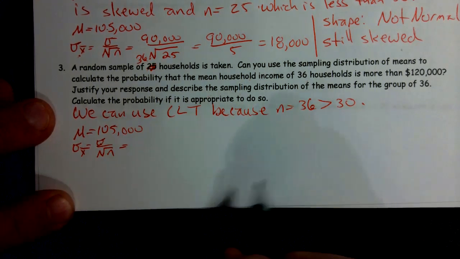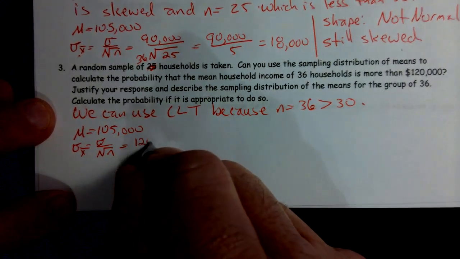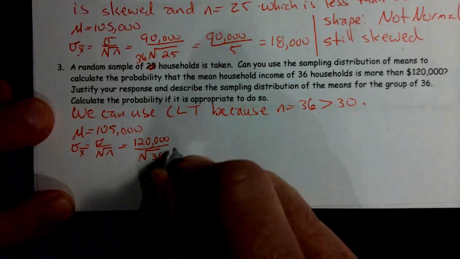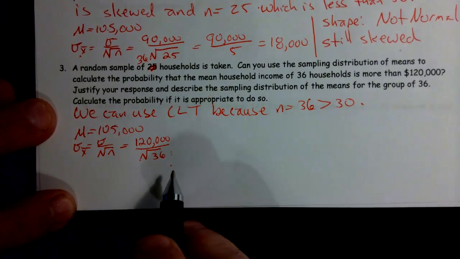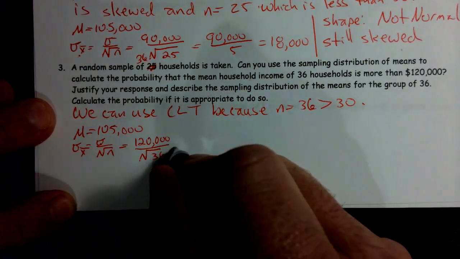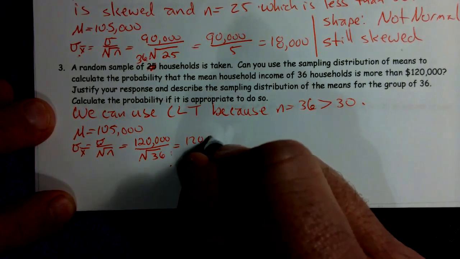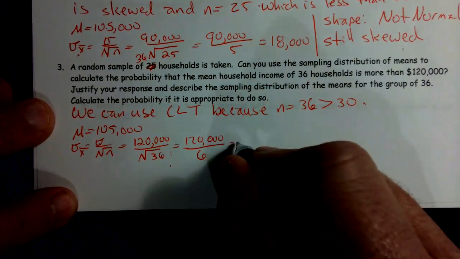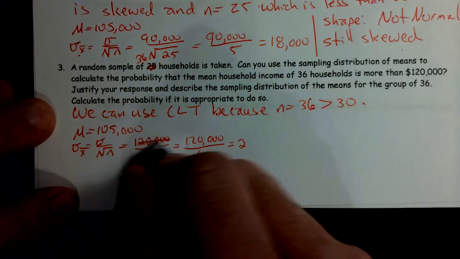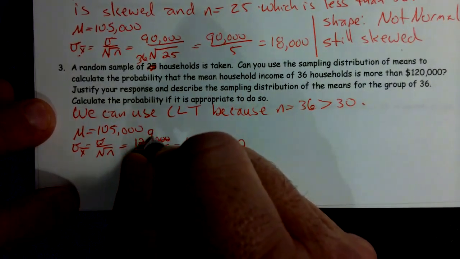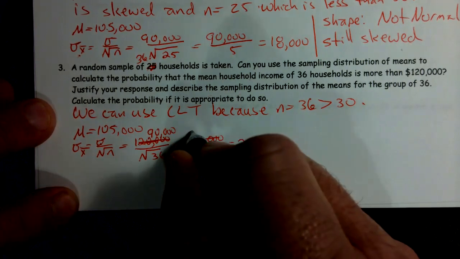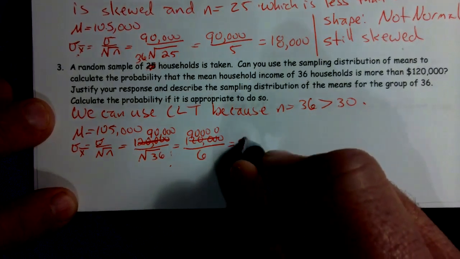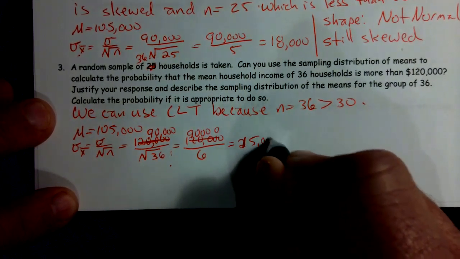So in this case, it's 120,000 divided by the square root of 36. So that's 120,000 divided by 6. And if we do that, we find out that, oh, not 120,000, excuse me, 90,000. Sorry about that, 90,000. 90,000 divided by 6 equals 15,000.